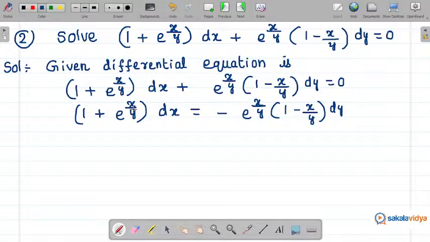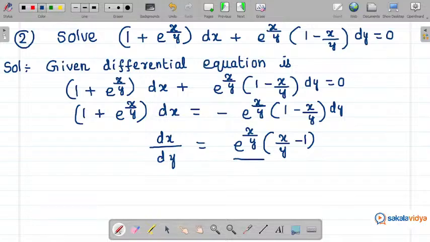As it is in the form of x by y, bring dy this side. So now we can write dx by dy is equal to, taking minus inside the bracket, e power x by y into x by y minus 1, divided by 1 plus e power x by y.